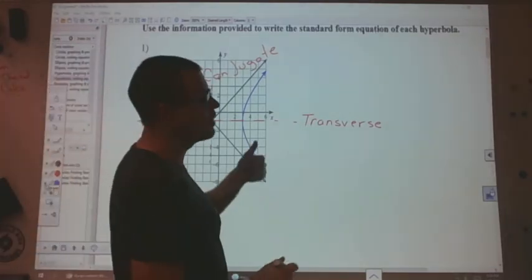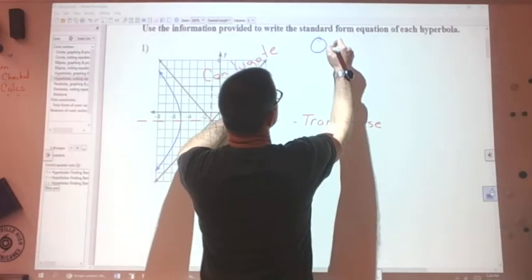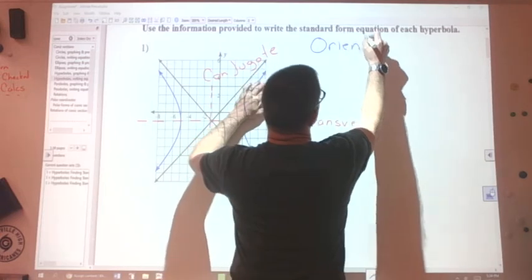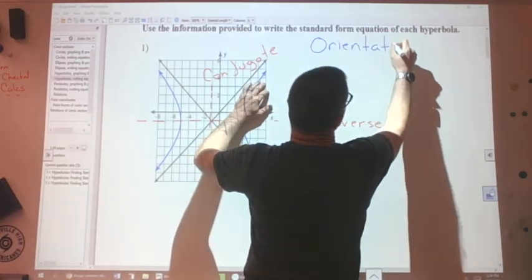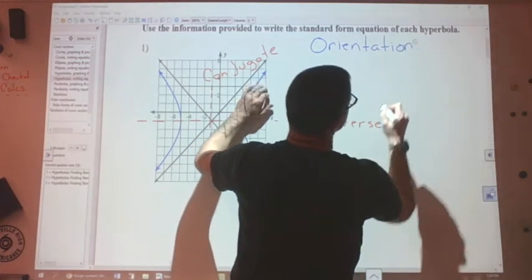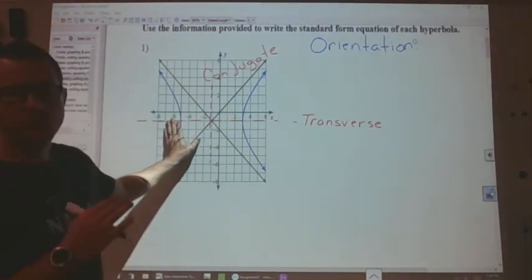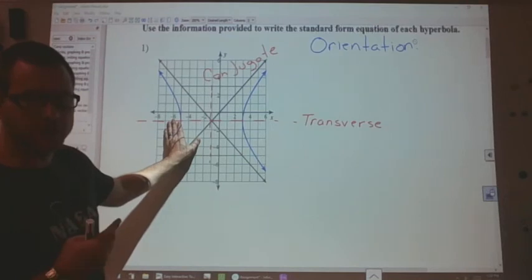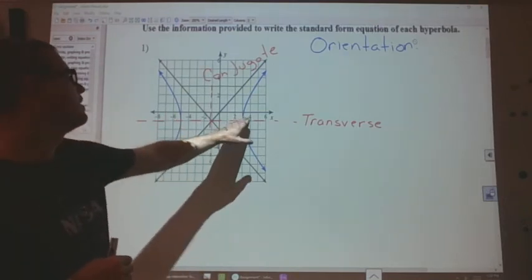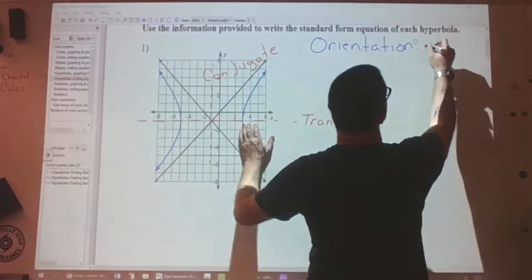We need to know the orientation. Does it open up and down, or does it open side to side? This hyperbola is opening to the left and right. So side to side, it's a horizontal hyperbola. So we're going to go horizontal.